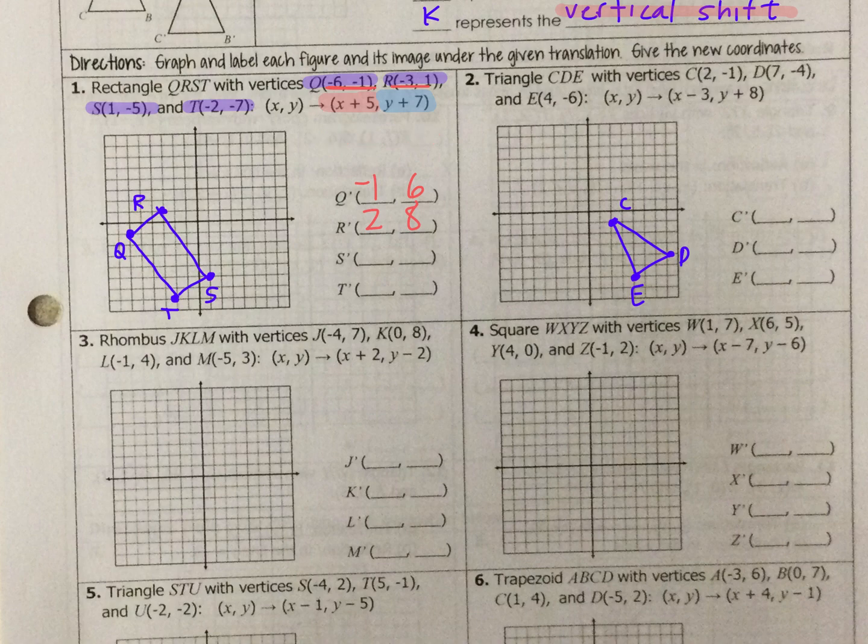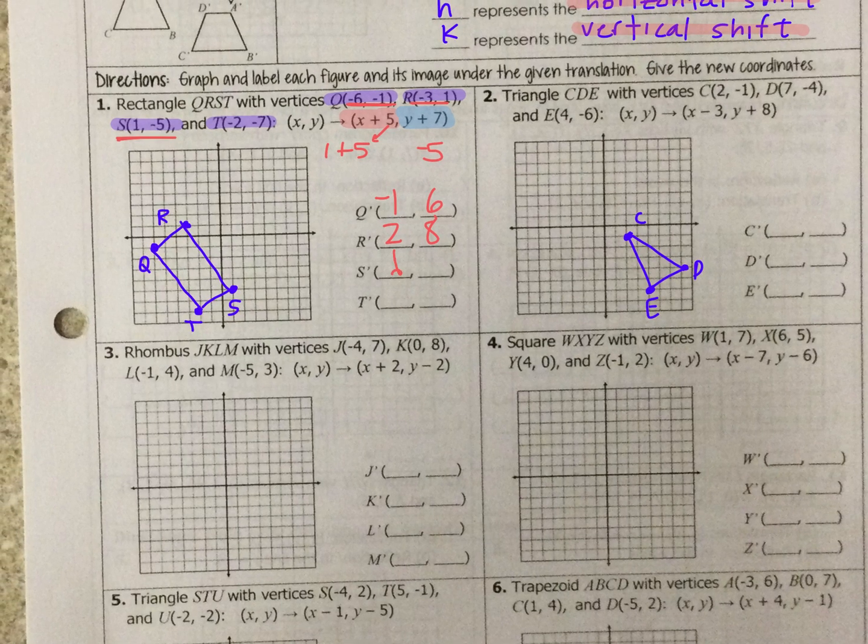All right, let's do the next one. I've got a 1 and a -5. To the 1, I add 5, because I'm just doing that. It's a 6. And to the -5, I just add 7, which makes 2. And let's see.